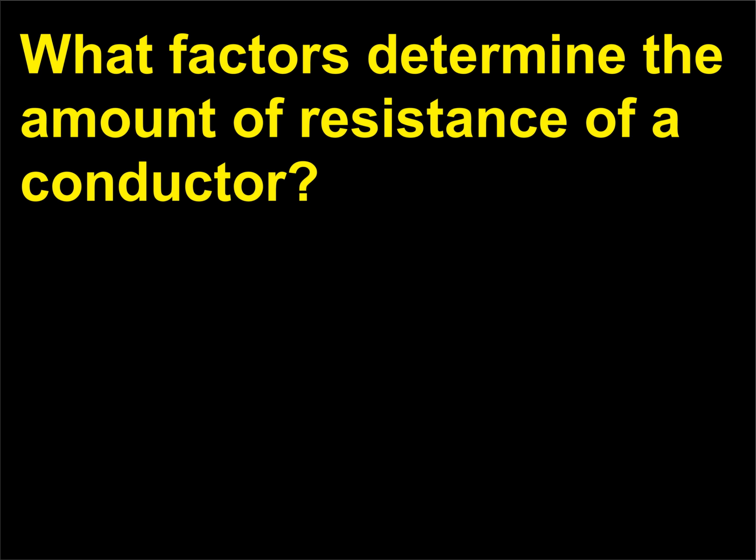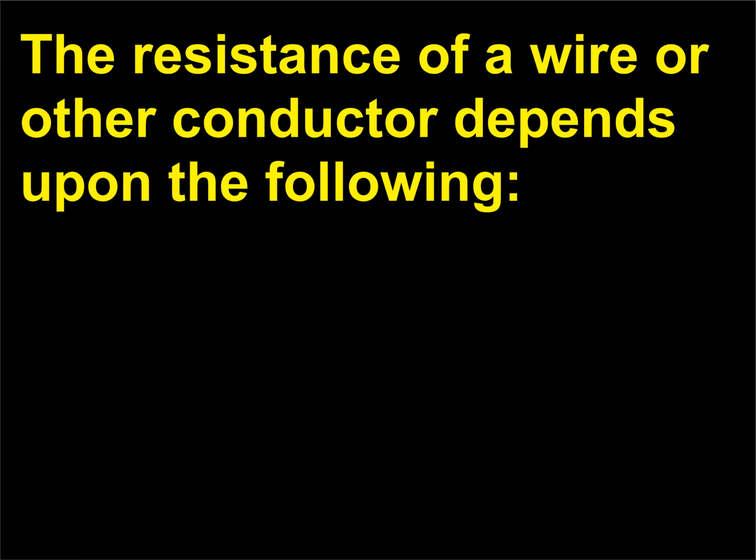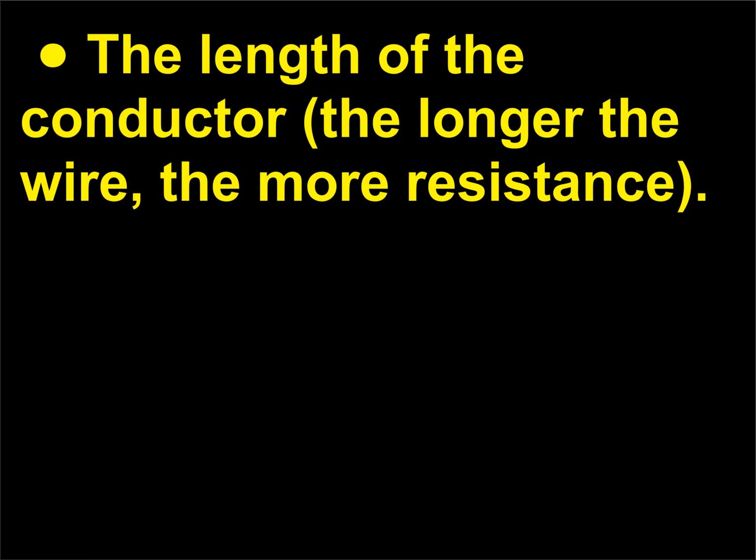What factors determine the amount of resistance of a conductor? The resistance of a wire or other conductor depends upon the following. The length of the conductor: the longer the wire, the more resistance.